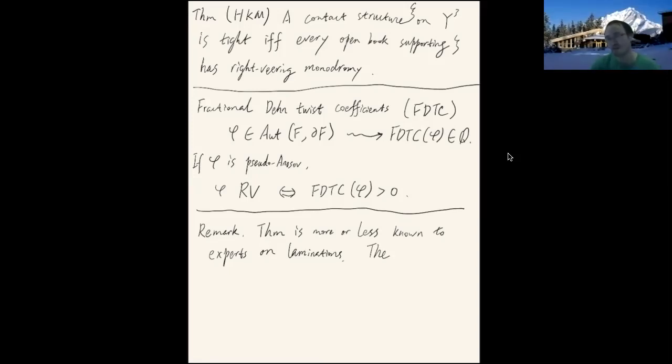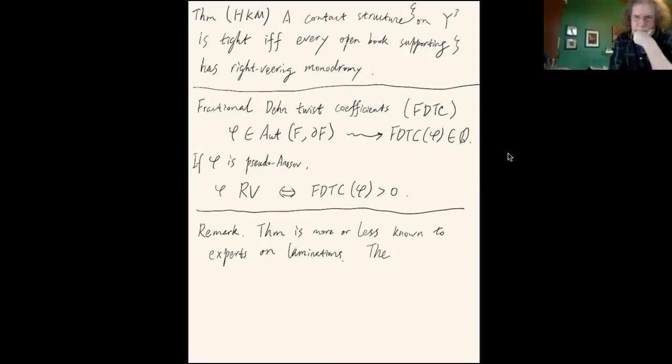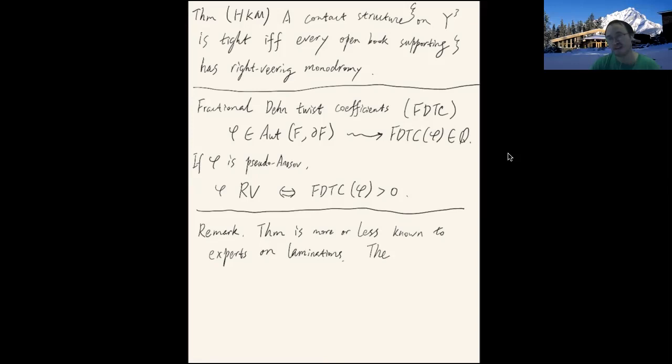You have to combine some sentences in one paper with some sentences in another paper. There are only sentences outside of the main theorems and the properties, so you need to combine them to get this result. So it's more or less known to experts.